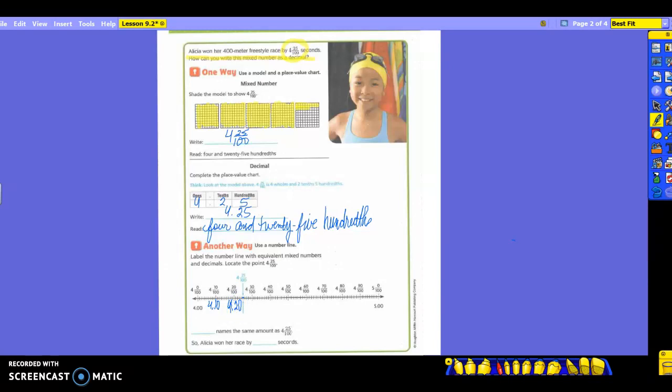Now we need to go ahead and put the one for 4 and 25 hundredths. So what's it going to look like, Brayden? But what did you forget to tell me to write? Well, and is going to be what?